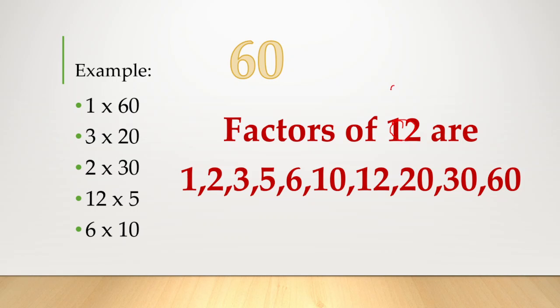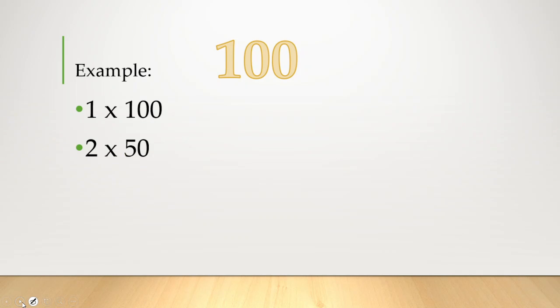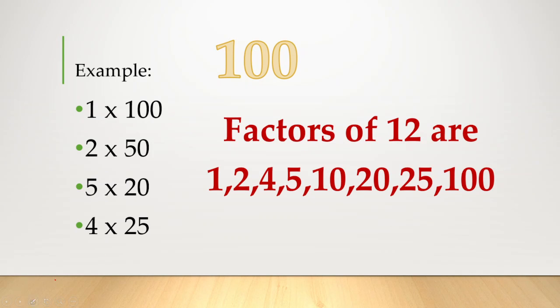Okay? So, next one. 100. 1 times 100, 2 times 50, 5 times 20, 4 times 25. So, this is 100. So, 1, 2, 4, 5, 10, 20, 25, and 100.